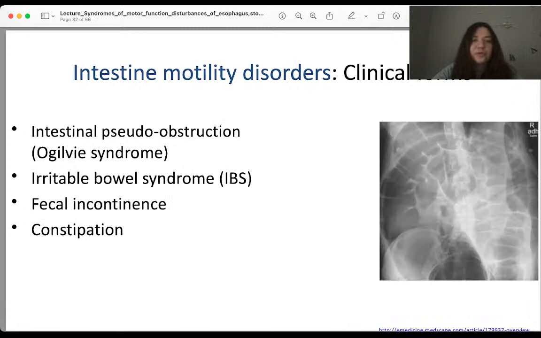Clinical features of intestinal motility disorders include intestinal pseudo-obstruction, or we name it Ogilvie syndrome. It can be irritable bowel syndrome, IBS, what I told you. It can be fecal incontinence and constipation.